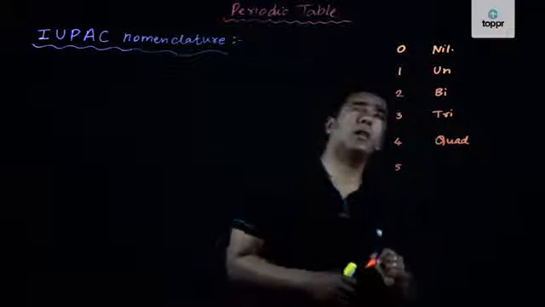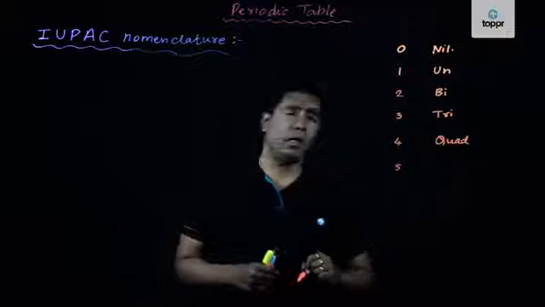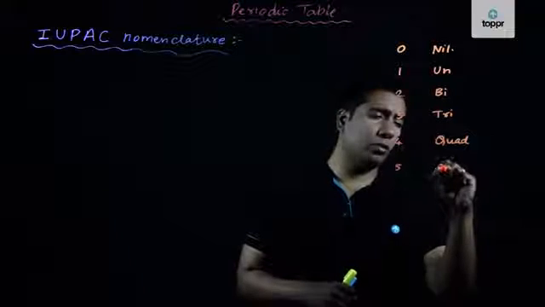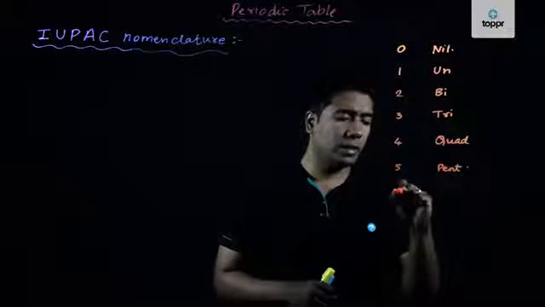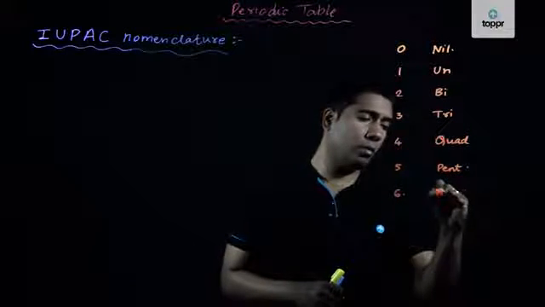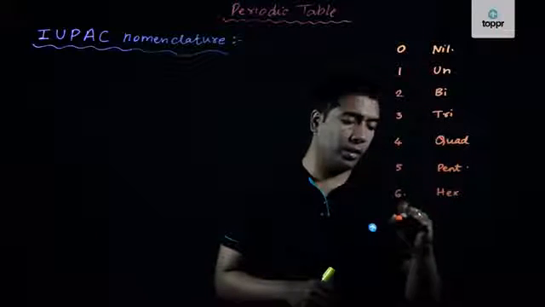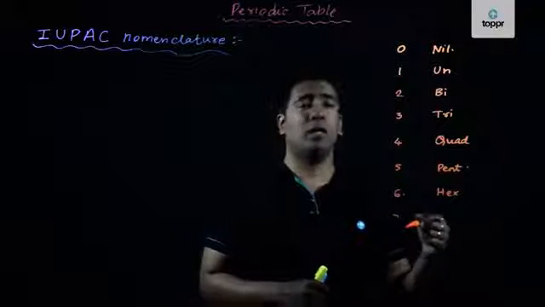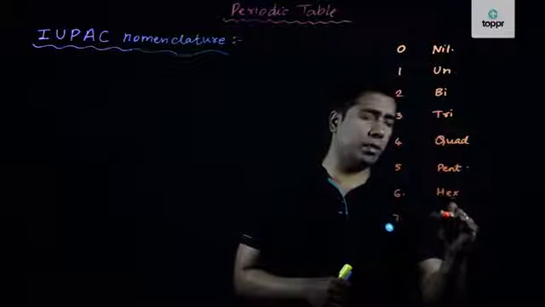Next, if the atomic number has the number 5 in it, we have got to use the term pent. 6, then we have got to use the term hex. 7, in that case, instead of using the term hept, H-E-P-T, we should be using the term sept here.